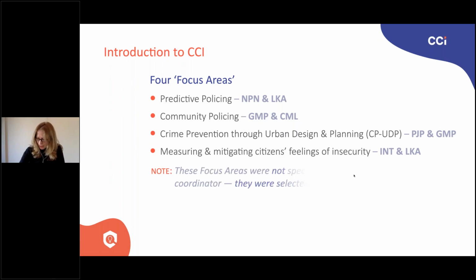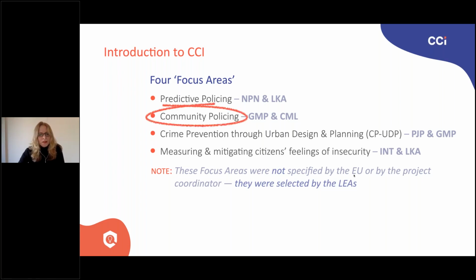Most importantly, these focus areas were not specified by the EU, nor were they chosen by us as the coordinator. They were actually areas selected by the LEAs themselves. And I think our project is quite unusual in addressing 4 different areas within a single project. But the area that we'd like to talk about more today is community policing.